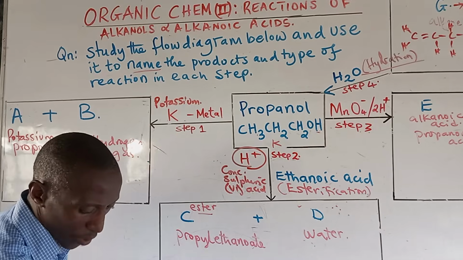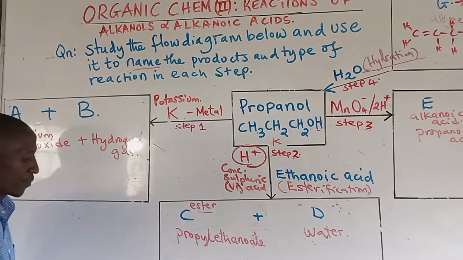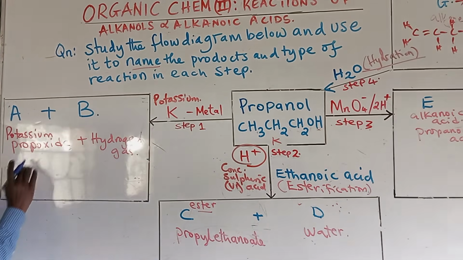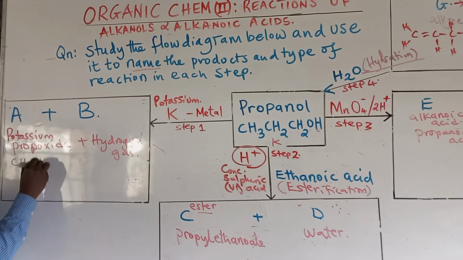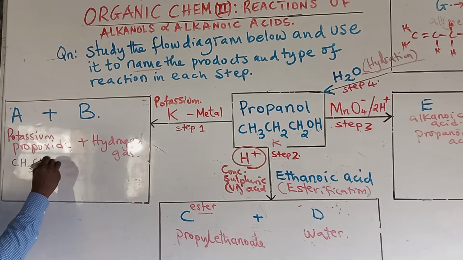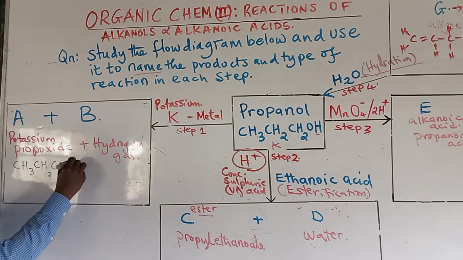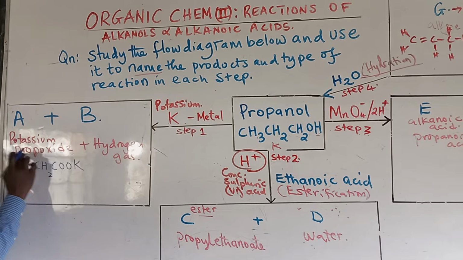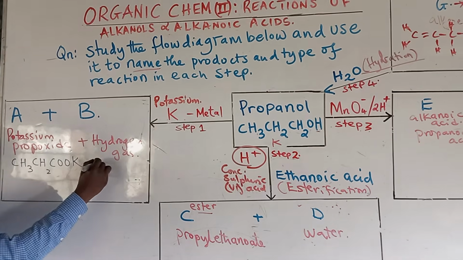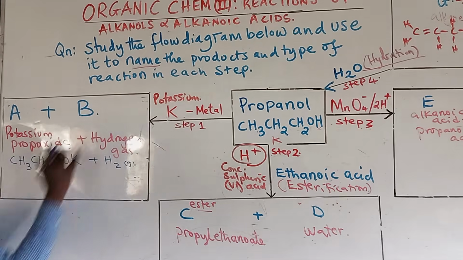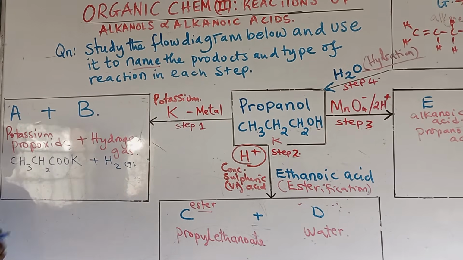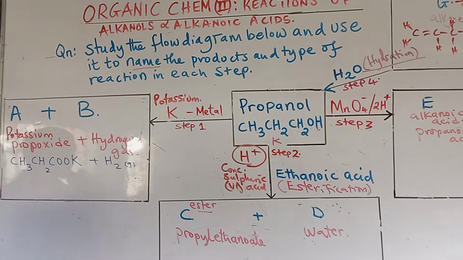Let us see how that goes about. If it is potassium propoxide, then we shall have CH3, CH2, CH2, O, potassium. That is potassium propoxide and hydrogen gas. Remember, you are told to name, so we are just looking at the formula of each one of them.